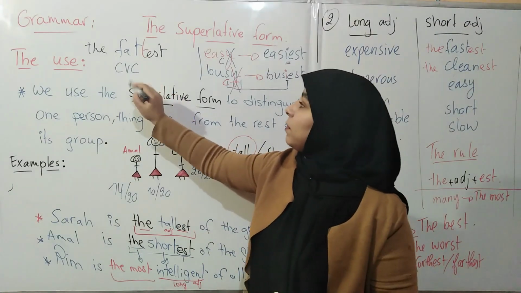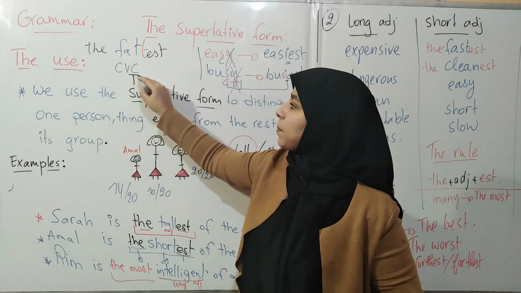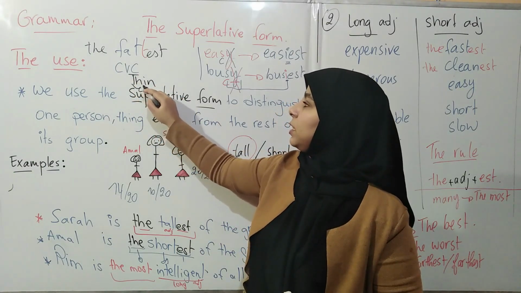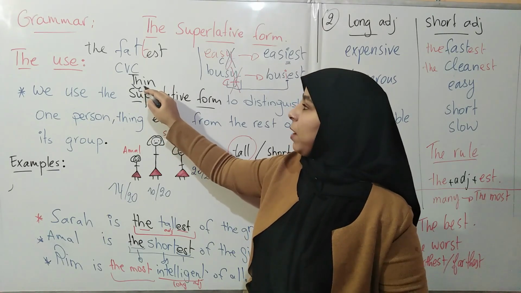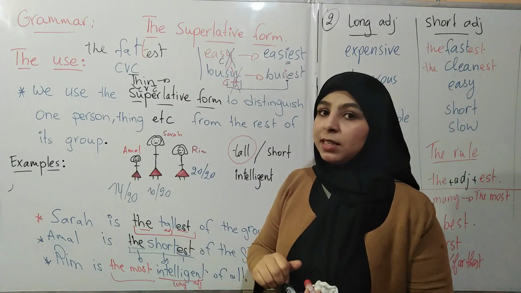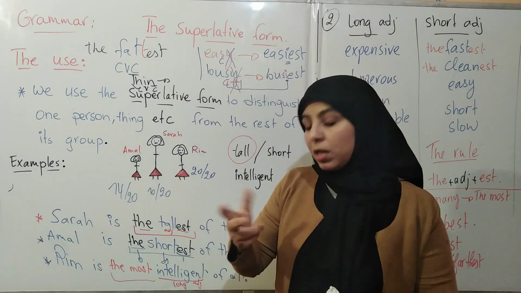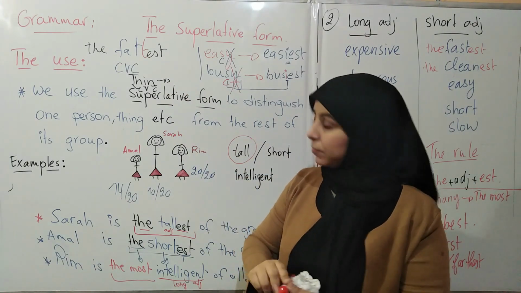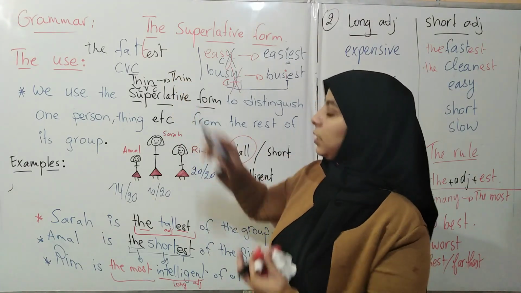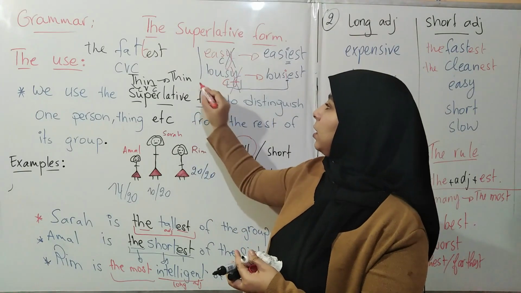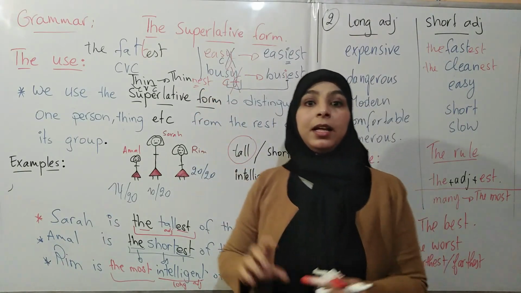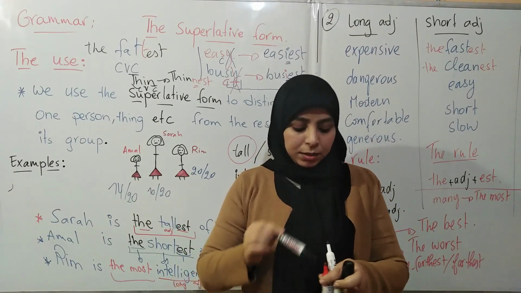So we say, another example, you have thin, right? Th, consonant, i, vowel, and n, consonant. What should you do? Yes, you should double the last letter. It becomes thinnest, double n.